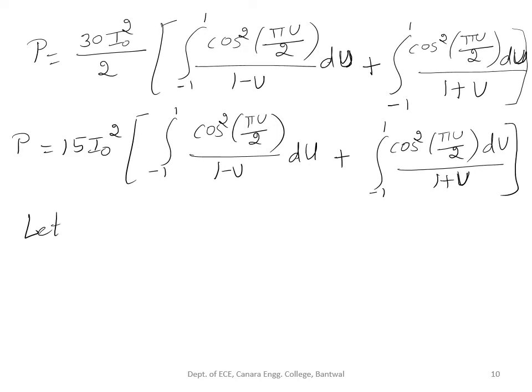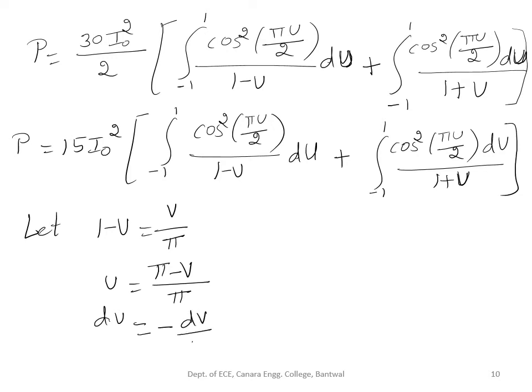Let 1 minus u is equal to v by pi, so u equals pi minus v divided by pi. Therefore du equals minus dv by pi. When u equals minus 1, v is equal to 2 pi. When u equals 1, v equals 0.